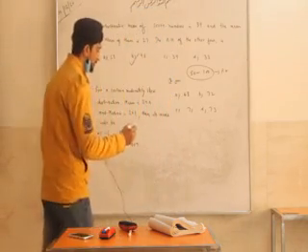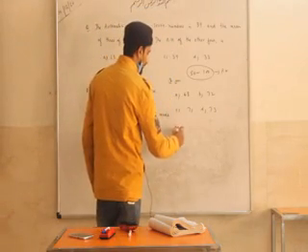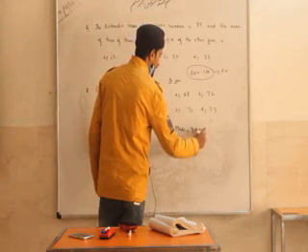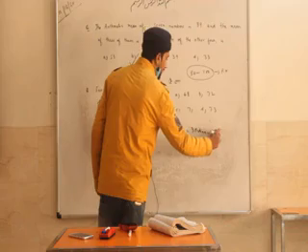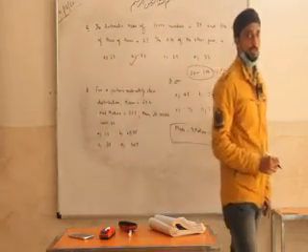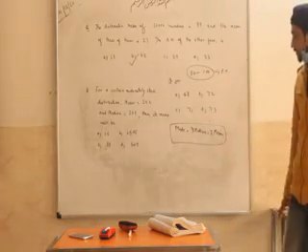Mode is equal to 3 median minus 2 mean. Just remember this, and now by this find the value of the mode.